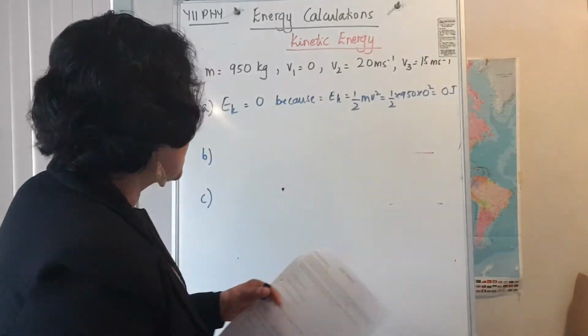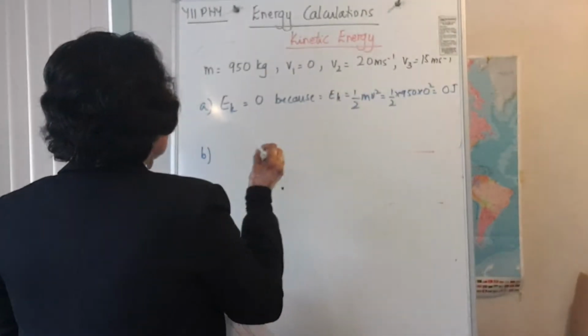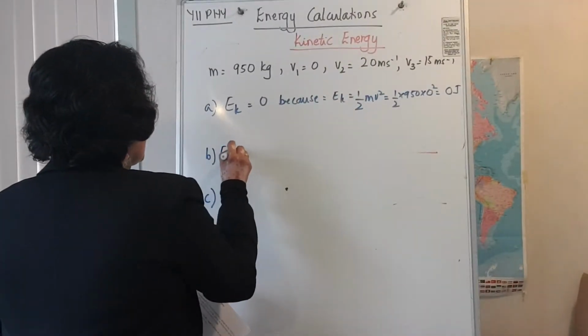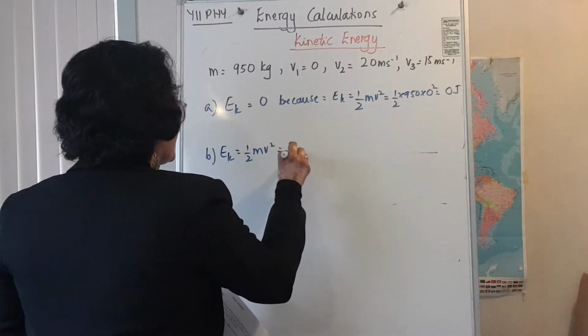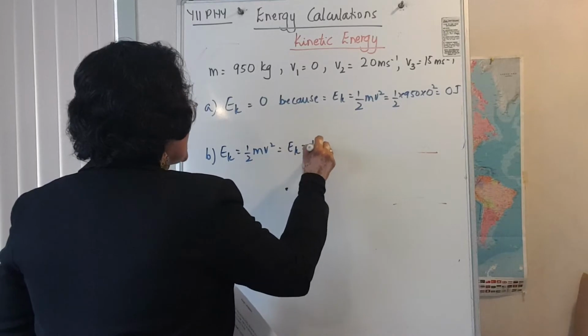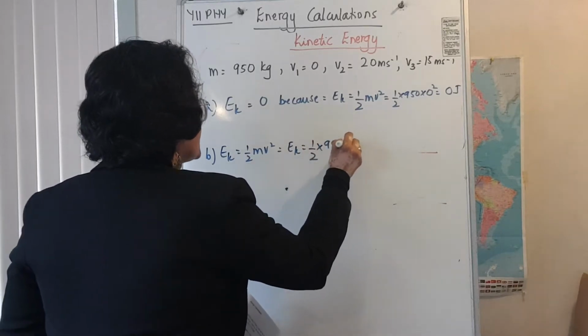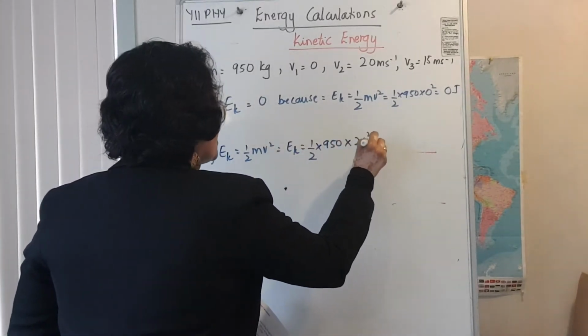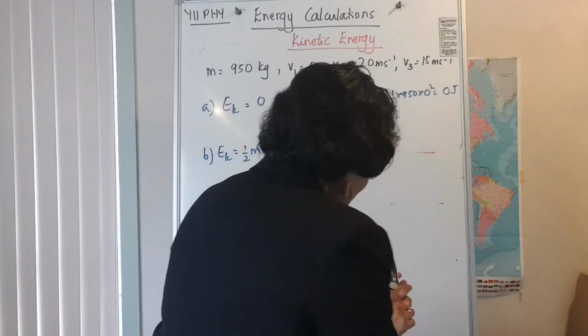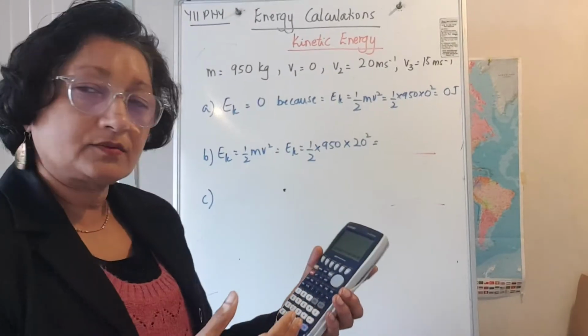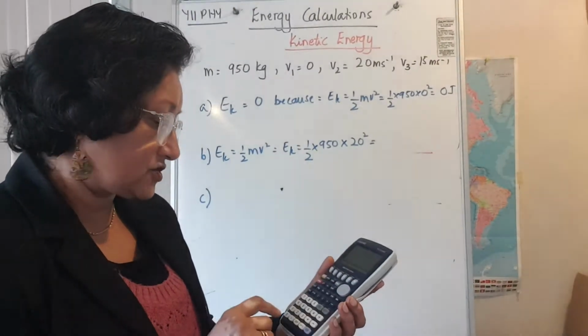After acceleration, that means when the speed is 20 meters per second, your kinetic energy is half mv squared, or kinetic energy is half times the mass is 950, and your v squared is 20 squared. So what are you going to put into your calculator? You're going to do half. You can put 0.5 or you can divide by 2. It's the same thing.